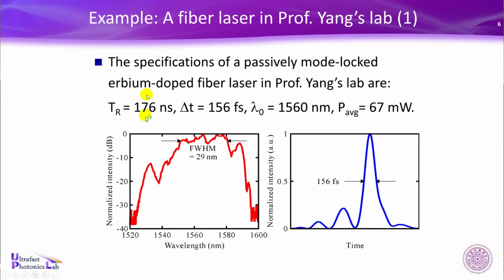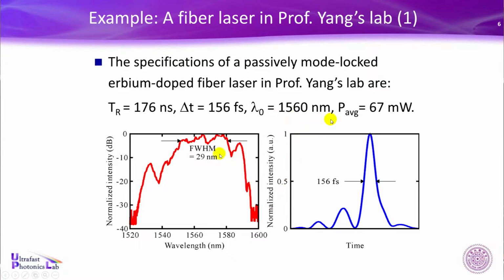First, the repetition period is 176 nanoseconds. The pulse duration, as shown in this figure, is 156 femtoseconds. The FWHM is here, but you know this shape is not a perfect Gaussian. It has some oscillating tail here.